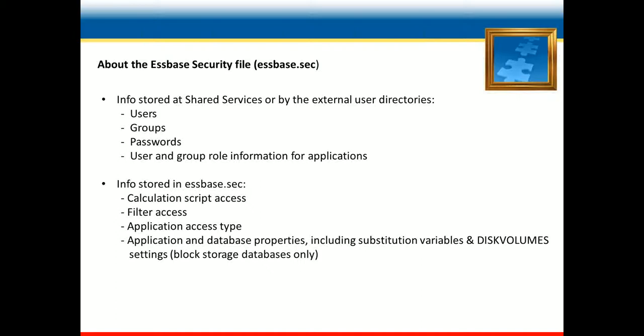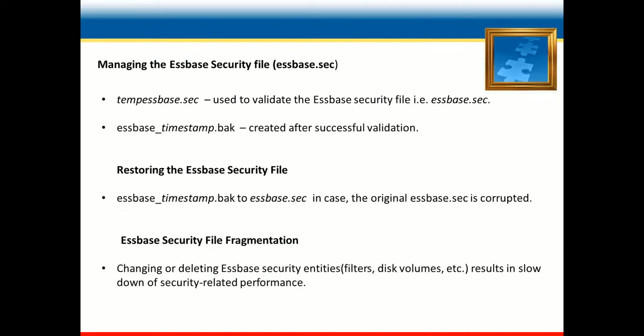So these are some artifacts related to SBase or databases for which the user has to run some calculations on the database. They have to restrict some database values and application properties. So the SBase SEC file will store this information related to the application.